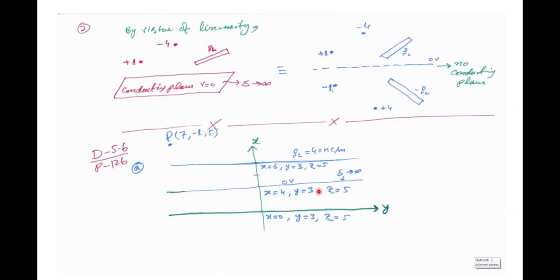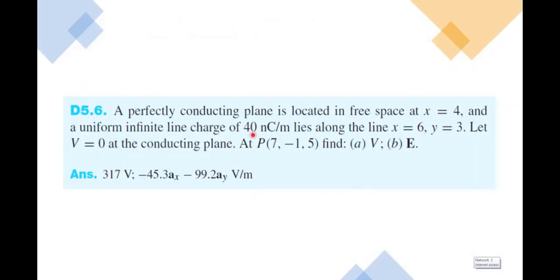So let us apply this theory to drill problem D5.6 on page 126. In this problem, we are asked: a perfectly conducting plane is located in free space at x equal to 4, and a uniform infinite line charge of 40 nanocoulomb per meter lies along the line x equal to 6, y equal to 3.